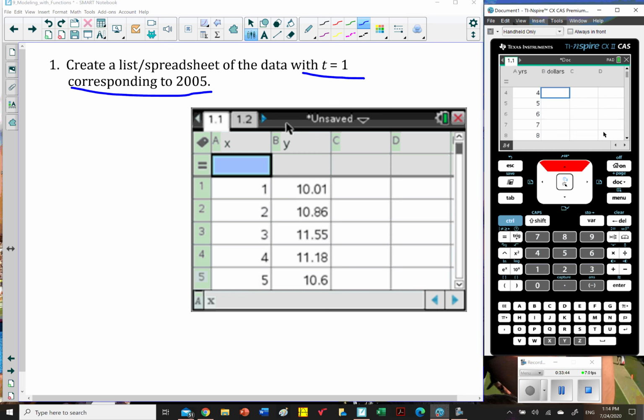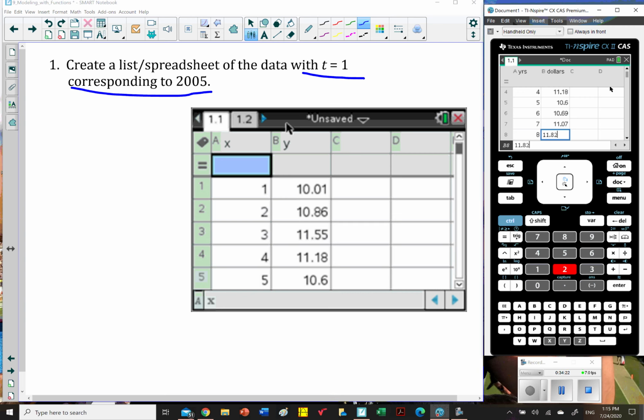So up here, we're going to put in 10.01, 10.86, 11.55, 11.18, $10.60 or $10 billion, 10.69, 11.07, and 11.82. So we got the years going in order.